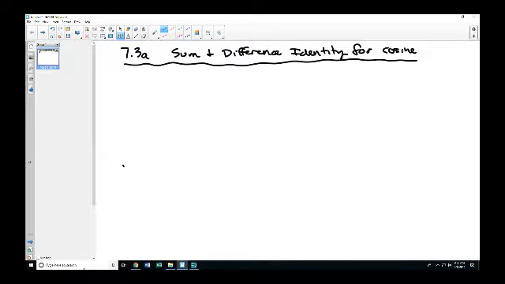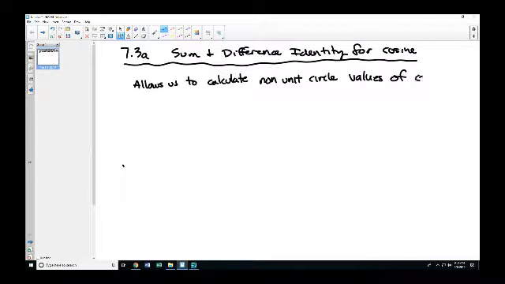So basically what this does is it allows us to calculate non-unit circle values of cosine using the unit circle.